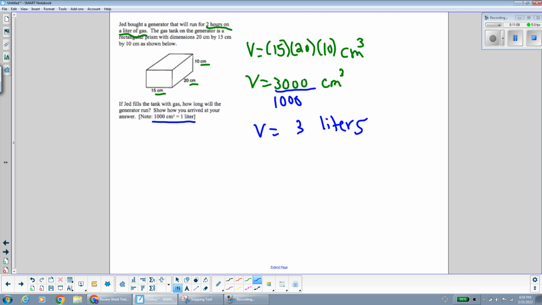So now, if we know that the generator can run for 2 hours on 1 liter of gas, the question is, how many hours can it run on 3 liters of gas? Well, if it runs for 2 hours on 1 liter, then on 3 liters of gas, it's going to run for 6 hours. And there's our answer. Look out for conversions. The units are very important.